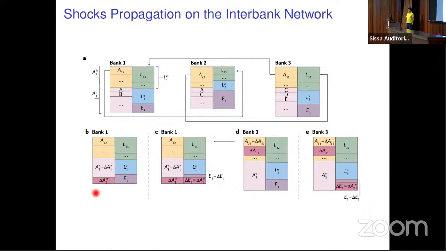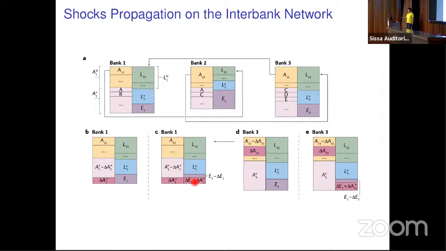Now imagine that you have some shocks on the first bank. The value of some external assets goes down, for instance the price of securities owned. This shock on the assets becomes a shock on the equity, because now the bank will be worth less than before.